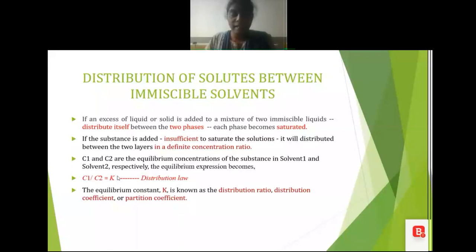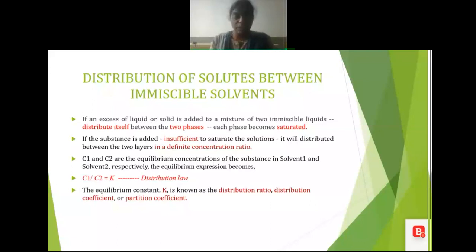Those will be given as C1 and C2. C1 and C2 are the equilibrium concentrations of the substance in solvent 1 and solvent 2. At equilibrium, if you take the ratio between C1 and C2, the ratio is given as K equal to C1 divided by C2. This equation is given as the distribution law. Distribution law means how much of the substance is distributed between the two liquid phases.